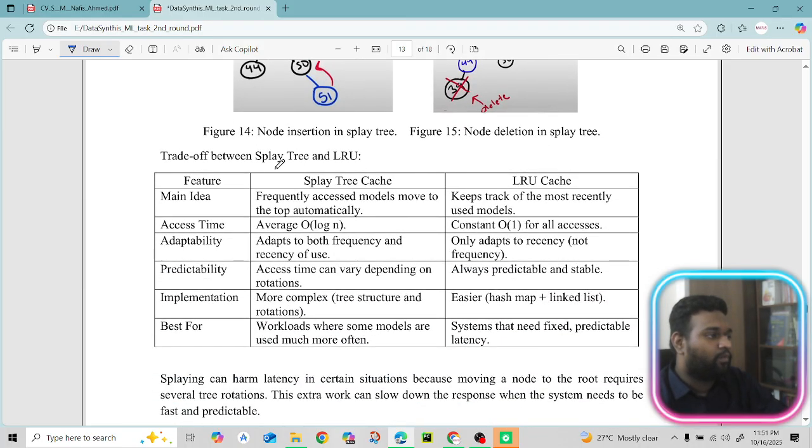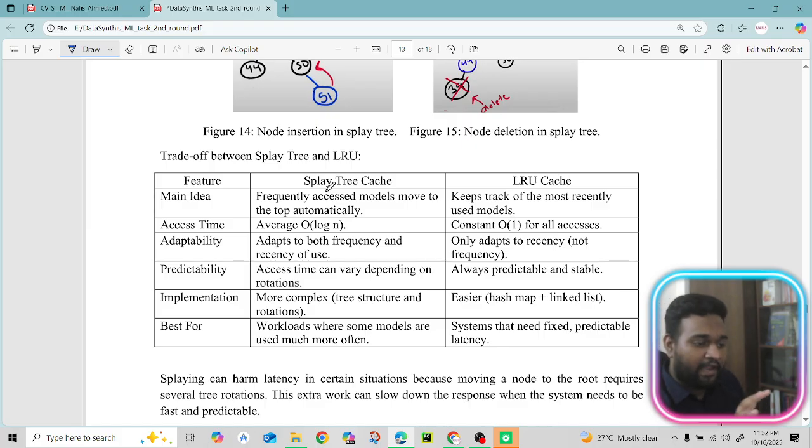And the question is, what is the trade-off between LRU and splaying? Frequently accessed models move to the top automatically, but LRU keeps only the most recently used models. There's a significant difference in adaptability: a splay tree adapts to both frequency and recency of use, because how many times I'm using that machine learning model is one thing, and which model I have recently used is another thing.